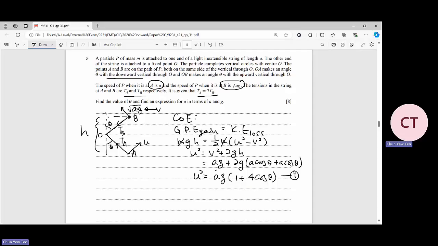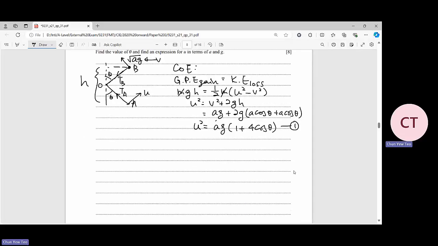Equation number 1. Okay, other than using conservation of energy, now we can consider the tension at A. The tension at A, you can have the mg here. Okay, this is the theta.